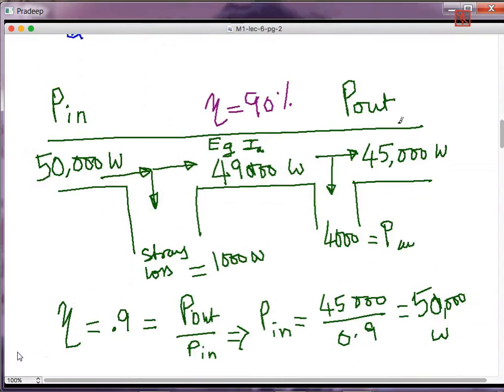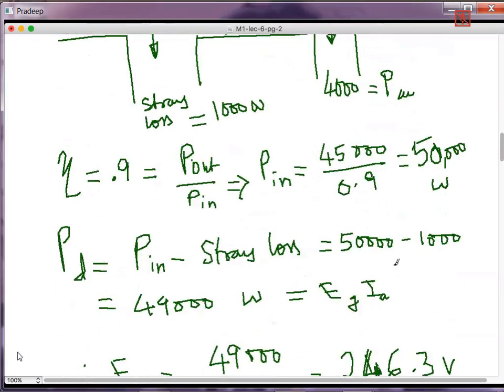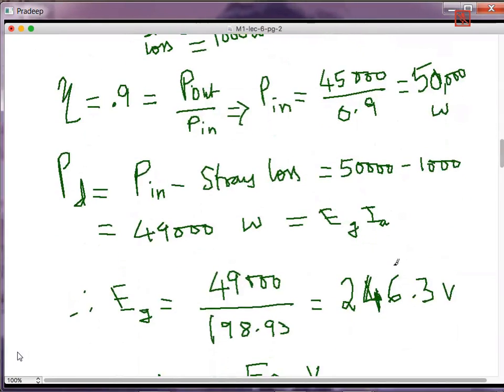Then the output power was 45, and the input power we can calculate from the efficiency. Then from the input power, if I remove the 1000 watts of losses, I get the power developed, that is 49000 watts. And from that power developed, if I look at the difference, the copper loss, from that I can find out the actual copper loss in the armature.